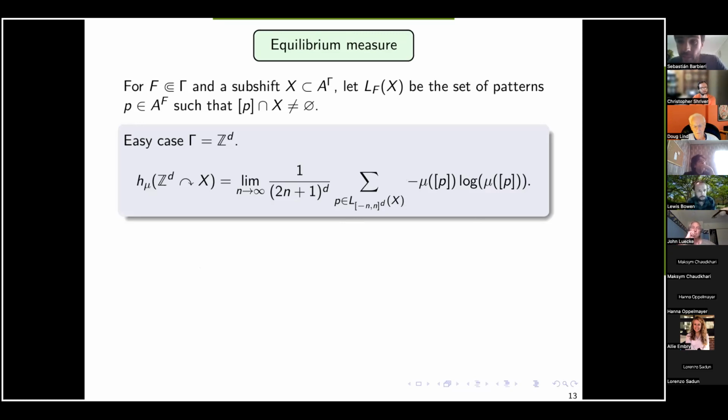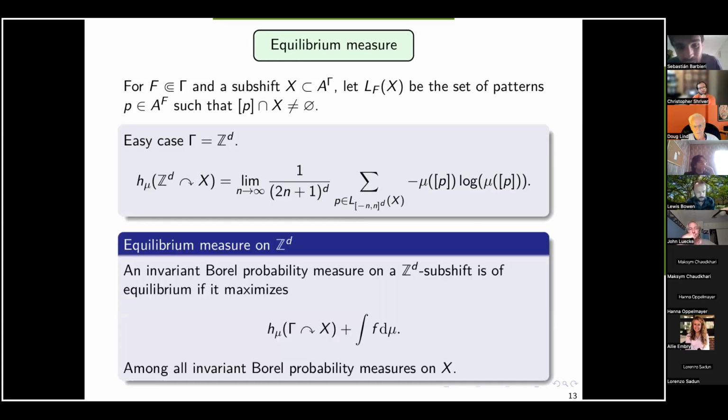That is a well-defined number, which is called the measure theoretical entropy of a subshift. And an equilibrium measure is just an invariant Borel probability measure which maximizes this entropy plus the integral of the weight F. Here I can take F to be any continuous function or any integrable function.